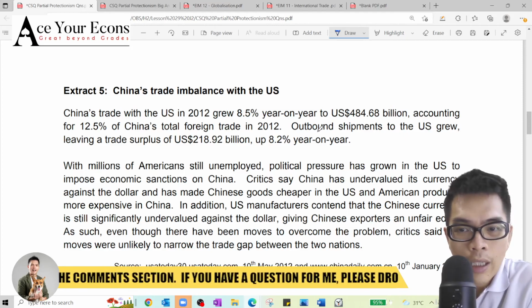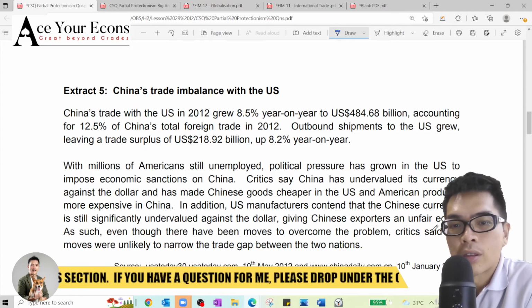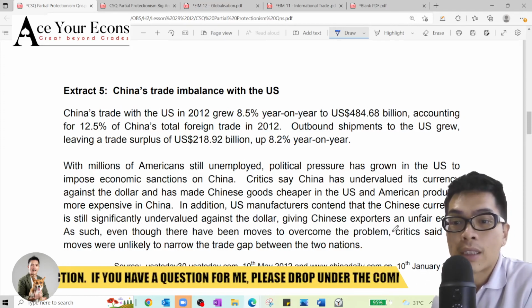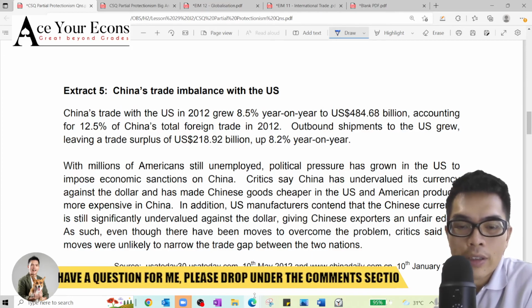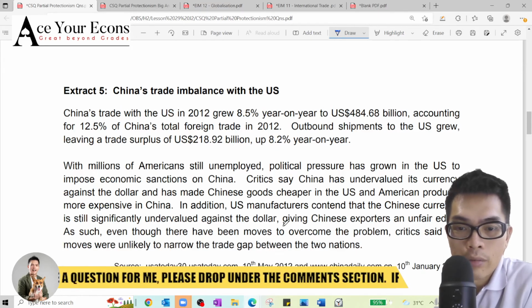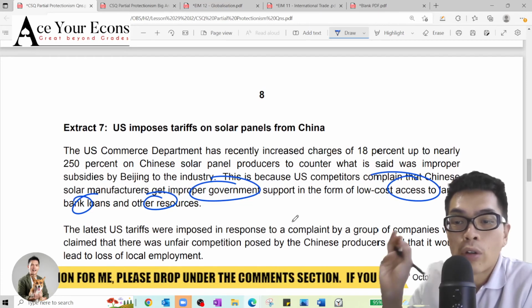I'm not sure whether there are any other forms. Oh yeah, it contended that the Chinese currency is currently undervalued. So it seems like there is some form of currency manipulation as well. But primarily we want to look out for tariff. This is the focus of the day.